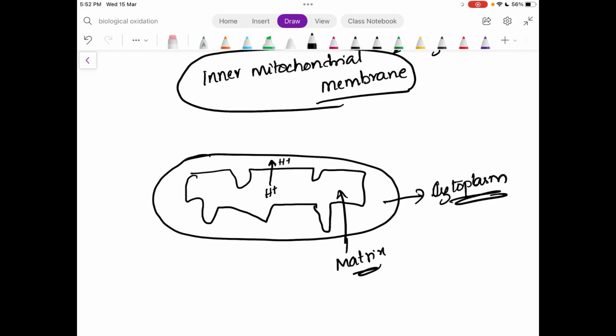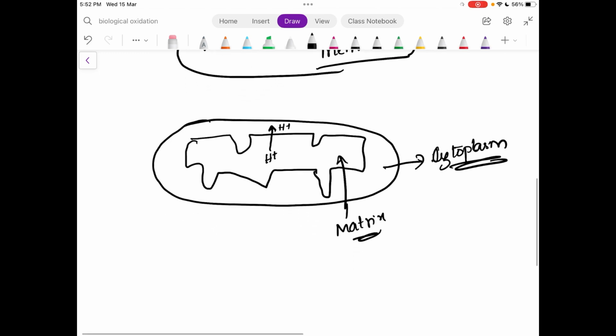What will happen when these hydrogen ions, protons, are pumped out from the matrix to the cytoplasmic side? Here in the matrix, H plus concentration decreases. More positive ions are moving out from the matrix to the cytoplasm. Then what will happen to the charge inside the matrix?